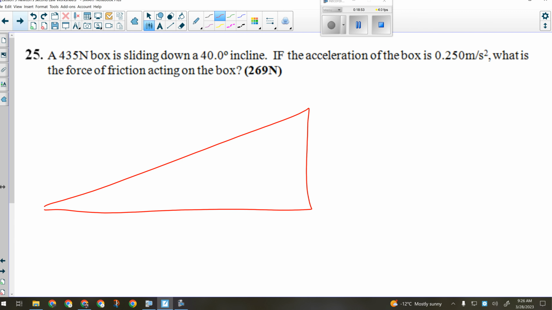All right, so we got our 40-degree incline. We got our box here, 435 newtons is our force of gravity. We're going to need F parallel at the 40-degree angle. We're also going to need the mass. That's going to be important.